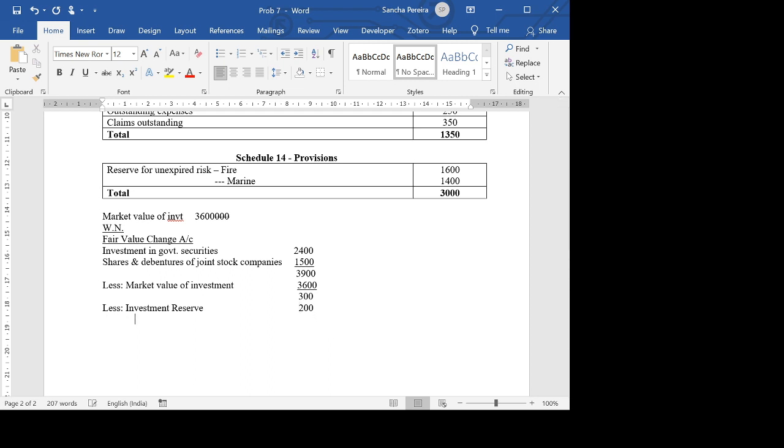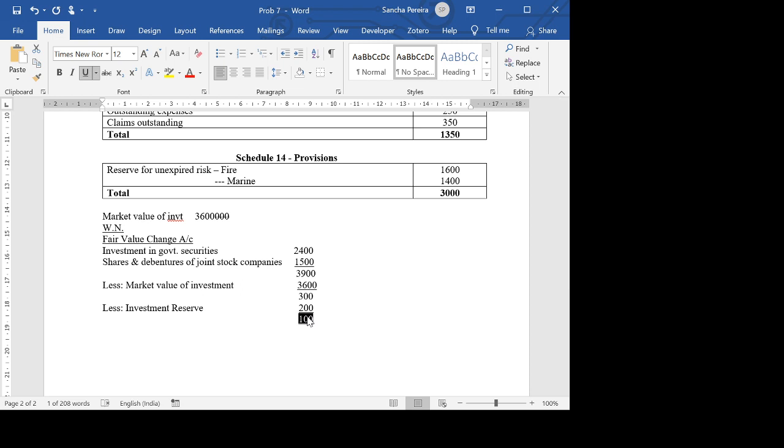So the actual loss you have made is 100, and this loss is going to be shown in the fair value change account.